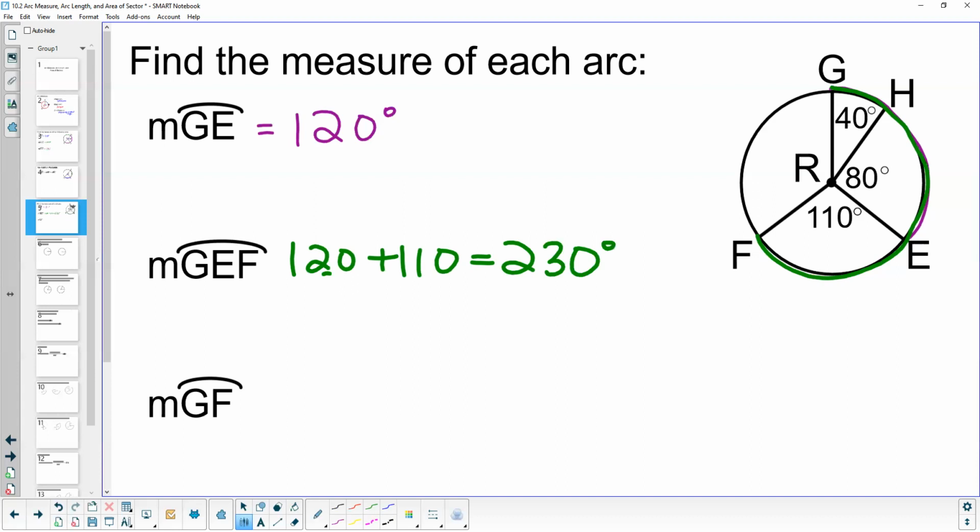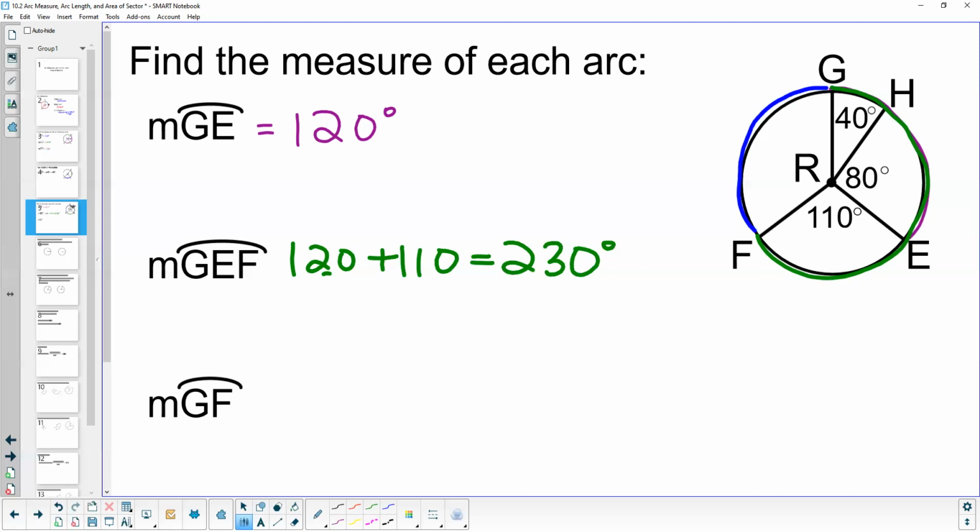Okay, our last one that we're looking for is the measure of GF. Now the measure of GF is going to be this one on the back here. And there's actually two different ways that we can find it. We can try to figure out what that is using some other things, or we can say that that green was our major arc, and the relationship between the major arc and the minor arc is that they add up to 360.